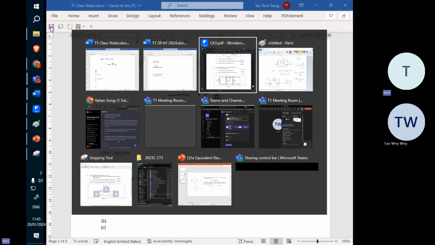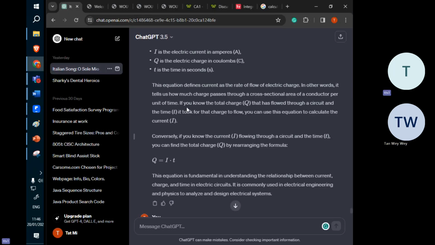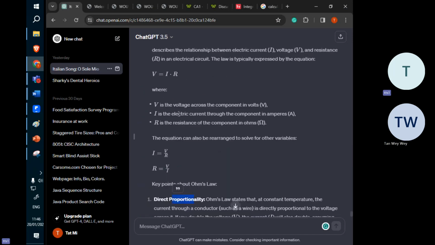The next question is a bit tricky, of course. It says that by using Ohm's law, refer to figure 2, find the current I1. So we are only allowed to use Ohm's law, and nothing else.